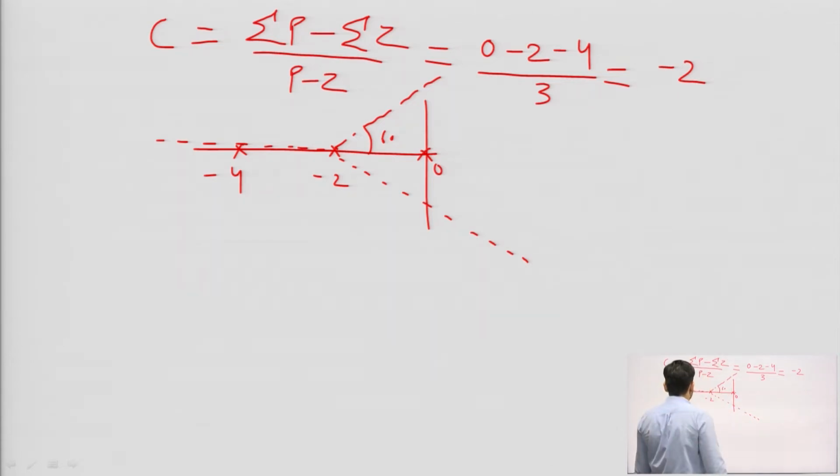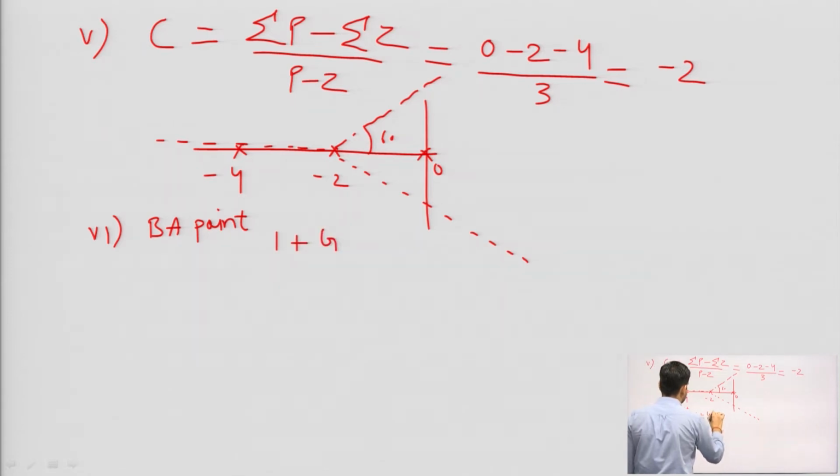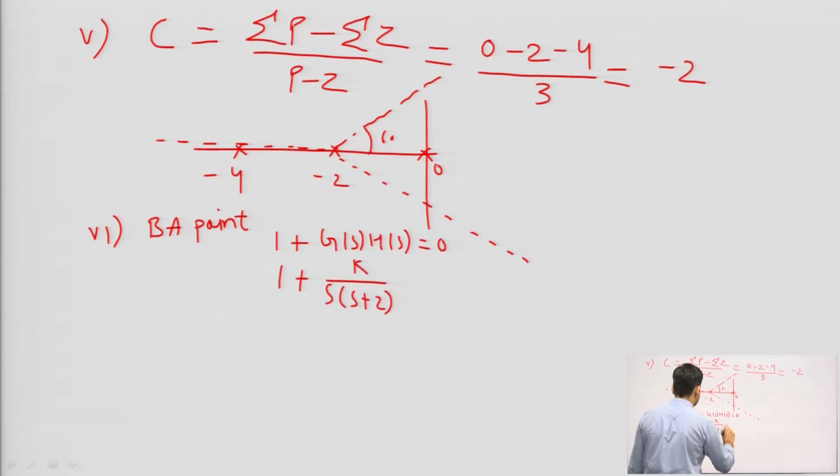Our next step is we need to calculate our breakaway point. For the breakaway point we need to put 1 plus G(s)H(s) equal to 0. It means 1 plus k over s multiplied by (s+2) multiplied by (s+4) equal to 0. You have to solve it.